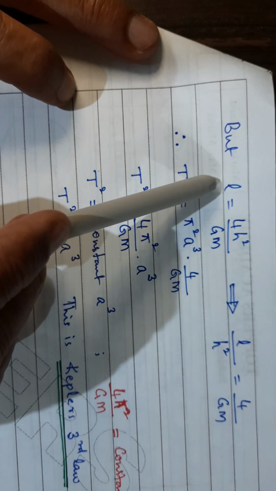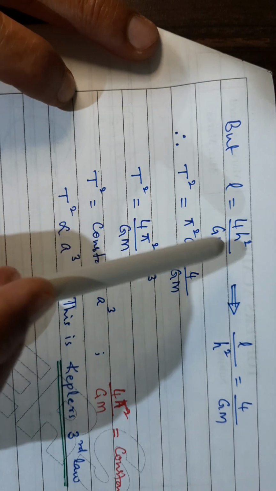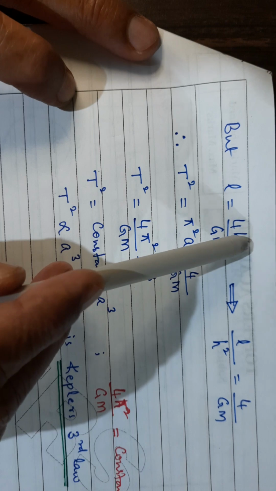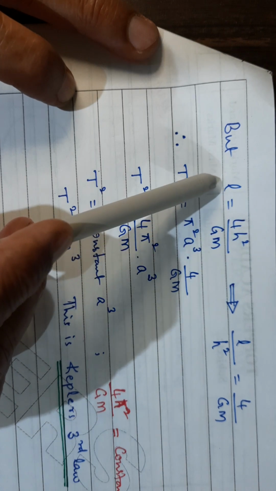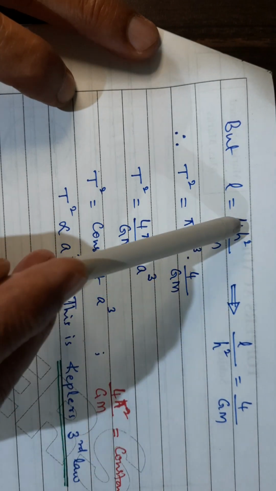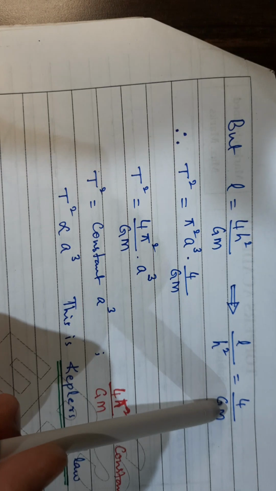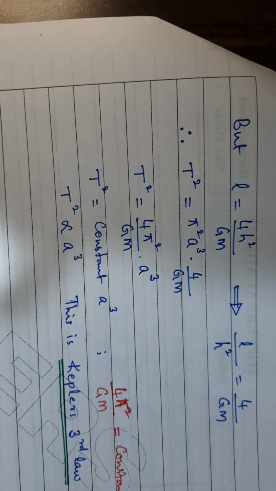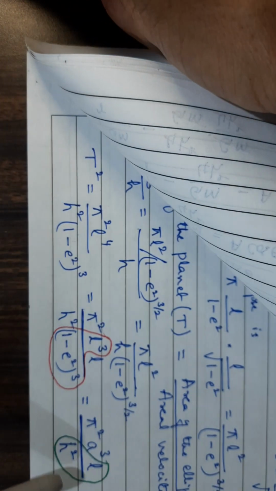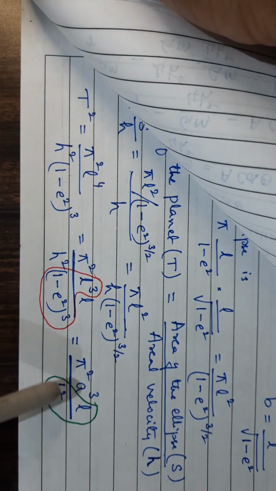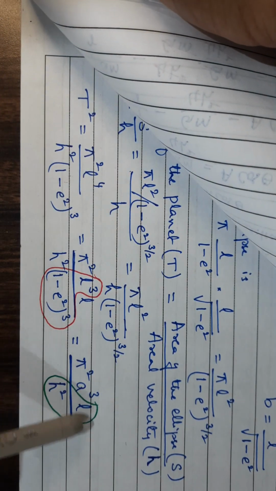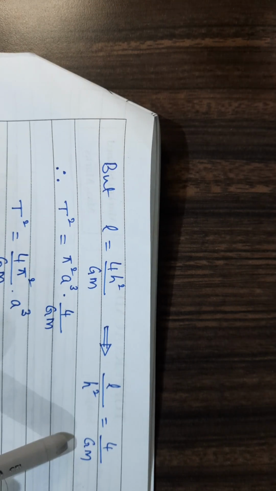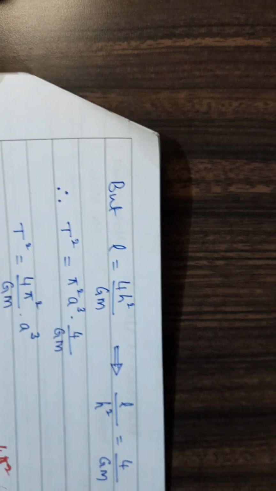H square, you take it here. L by h square, that is, h square is here. You borrow that one to the denominator here. L by h square is 4 divided by GM. So in that expression, pi square A cube L by h square, I will remove this and put 4 divided by GM.